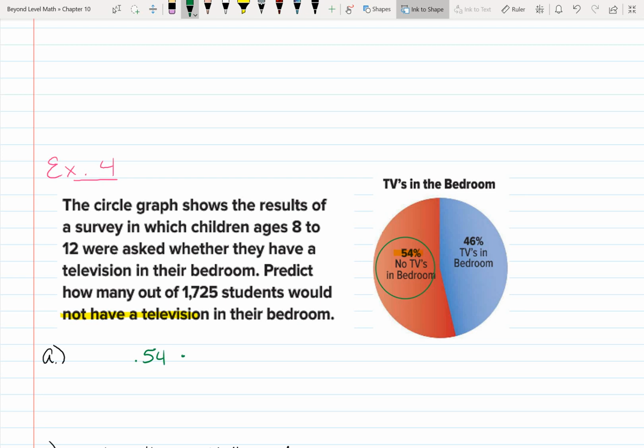So that was our sample. We're multiplying it by the population, or using it to predict a future, right? And let's see, 0.54 times 1725. We're going to get 931.5. So that's about 932 students.